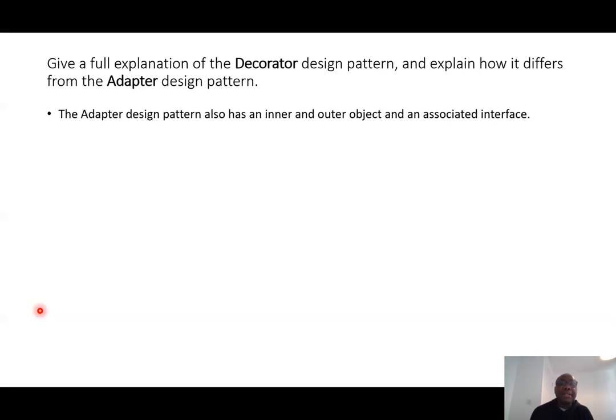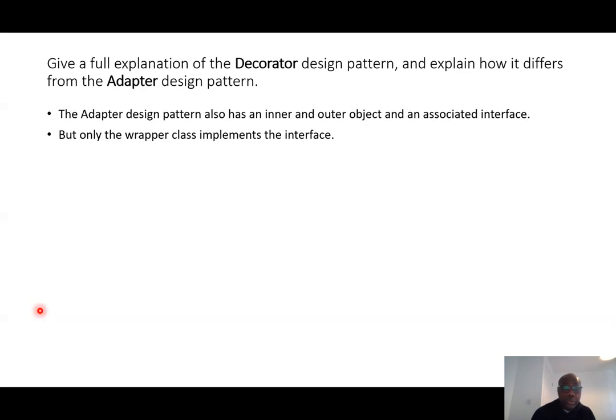The adapter design pattern also has an inner and outer object and an associated interface, just as the decorator. As we saw, the outer is the class, the inner is the interface that has been implemented by the class. But only the wrapper class implements the interface.